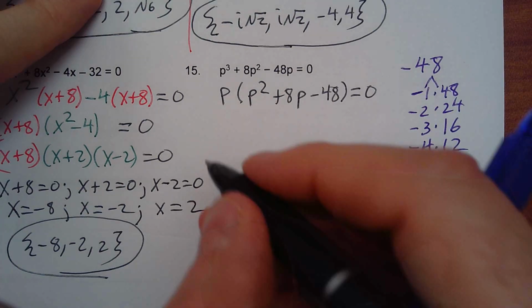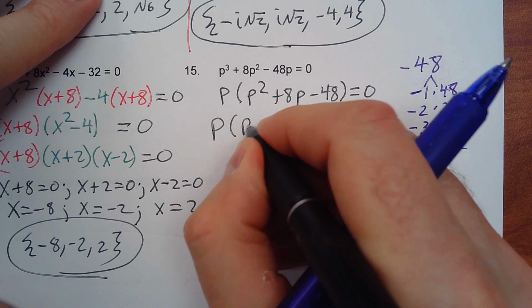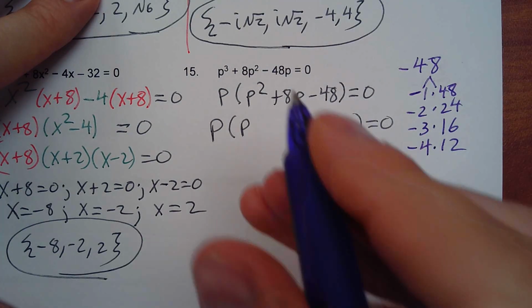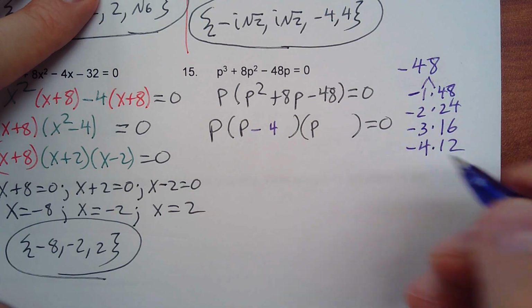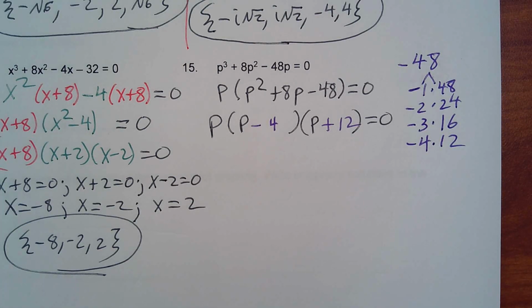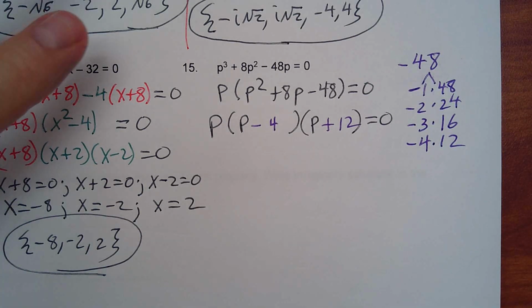So this is going to factor into p times p minus 4 times p plus 12. And now we're just going to go through and set each of those factors equal to 0 and solve.